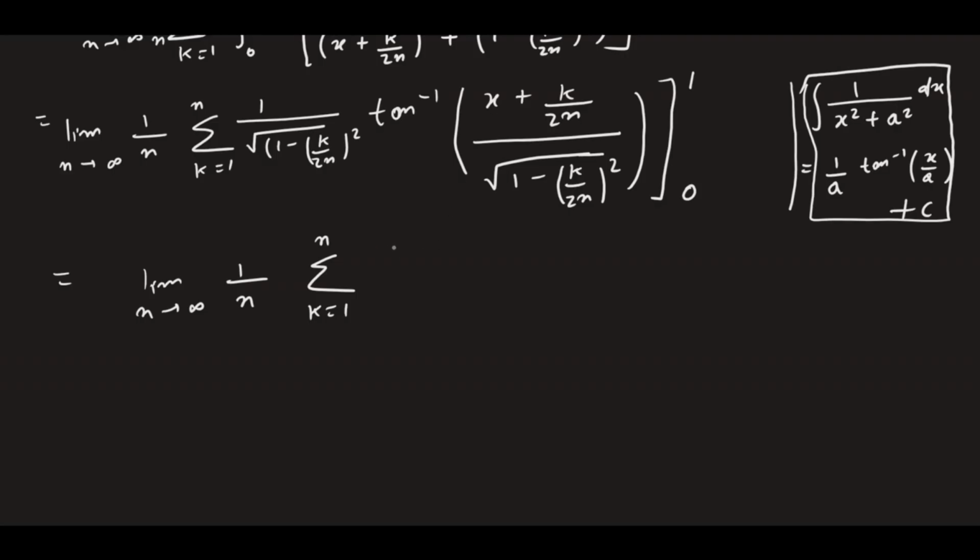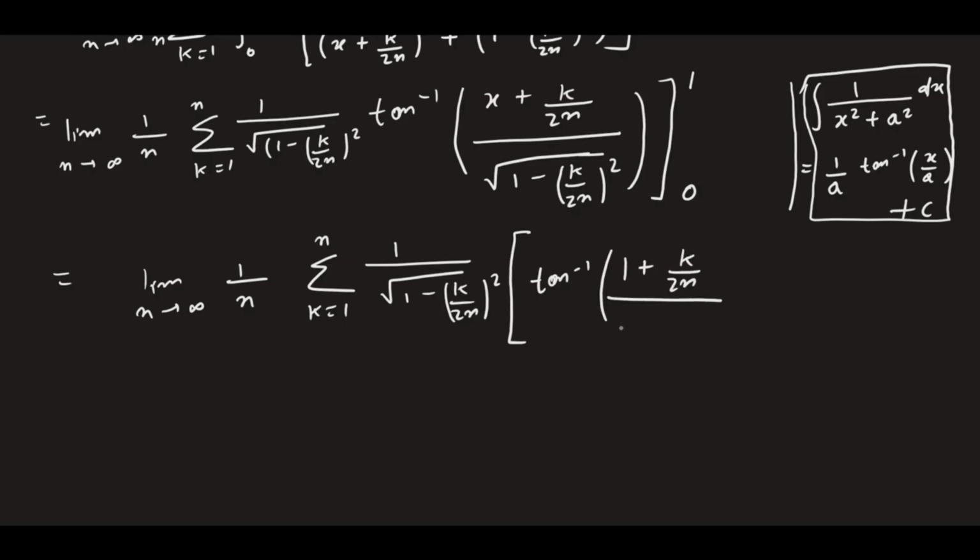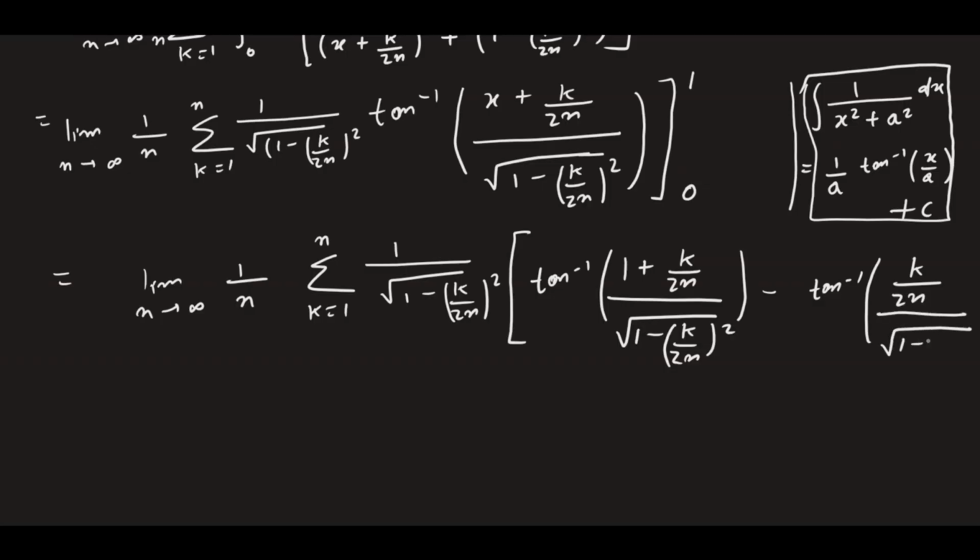So I'll get 1 upon under root 1 minus k by 2n whole square, times tan inverse of 1 plus k by 2n upon root 1 minus k by 2n whole square, minus tan inverse of k by 2n by root 1 minus k by 2n whole square.